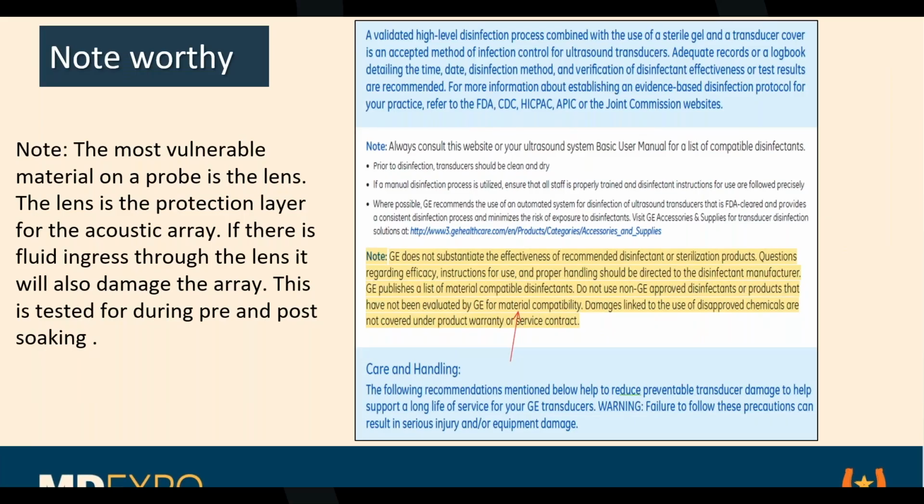Here's a precaution we need to know: damages linked to the use of disapproved chemicals are not covered under product warranty or service contracts. So there again, you come into play, because if your hospital is not following these instructions, your bill for probe maintenance over its life cycle is going to go up fairly dramatically. So keep that in mind.